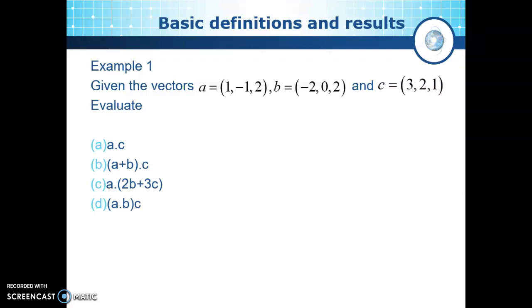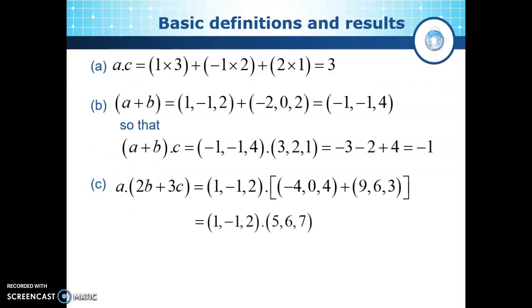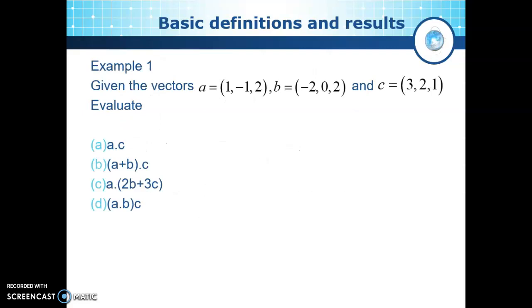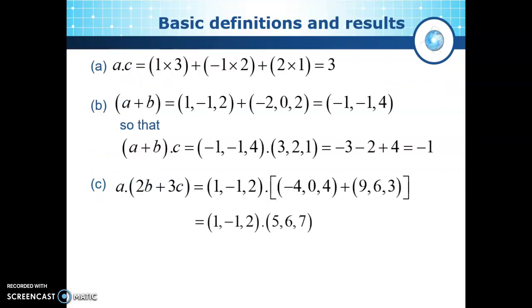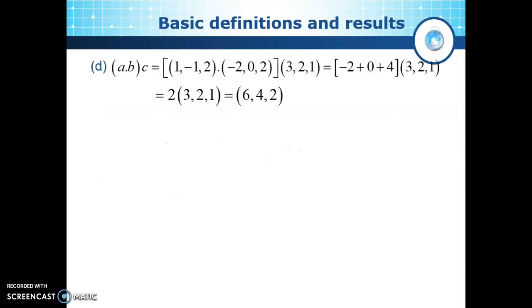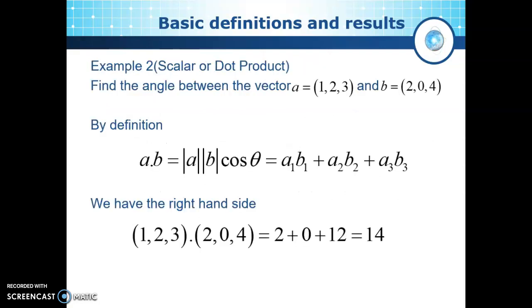You can do it, okay, but there is an answer here. Please do the exercise first before you move to the answer. Okay, try first.